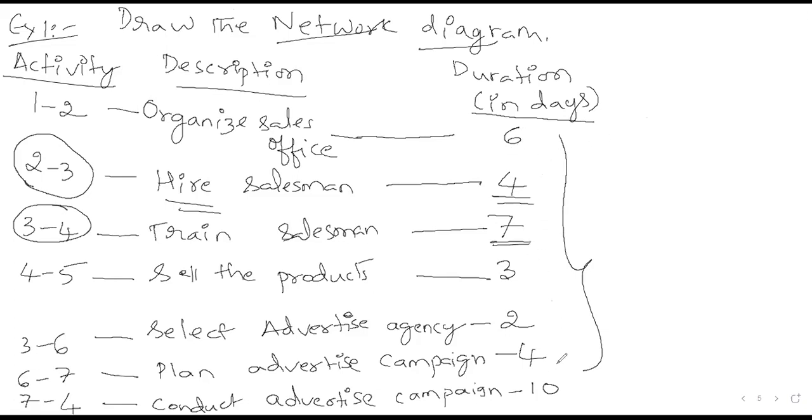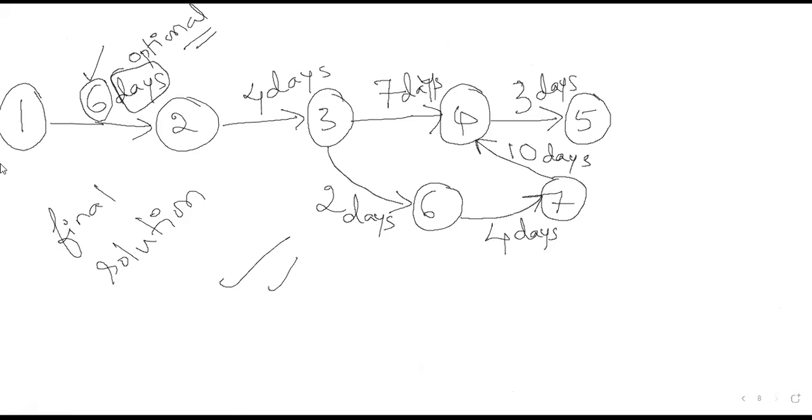Can you sum up all these things and tell me the total duration? Add all these: 6 plus 4 plus 7. 36 days. Correct. Now, according to this network diagram, what is the project duration?